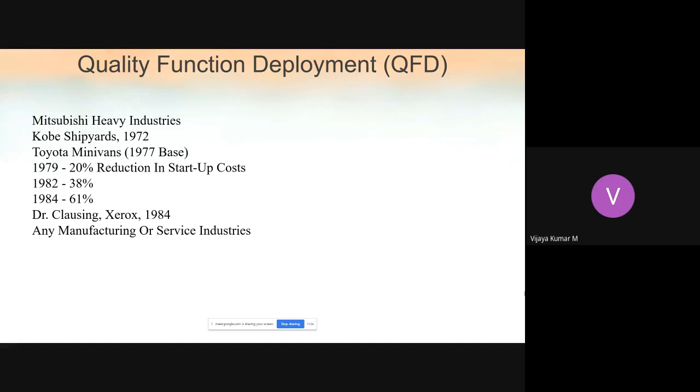They found that QFD is a very powerful and important tool for reduction in cost and wastages.